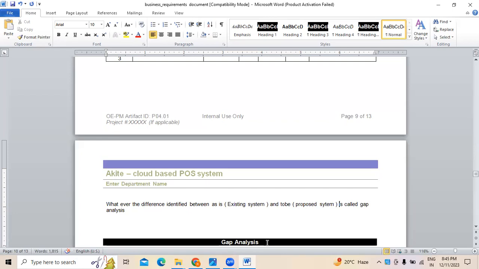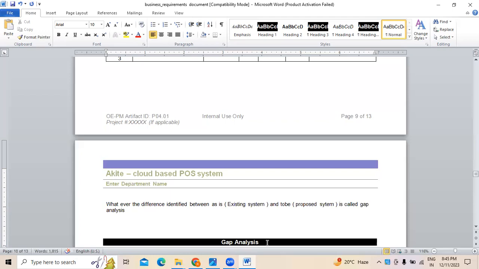The complete application won't be changed, right? Because the basic functionalities of a point of sale system remain the same, whether we use a traditional point of sale system or go for a cloud-based one. So that will be the same.